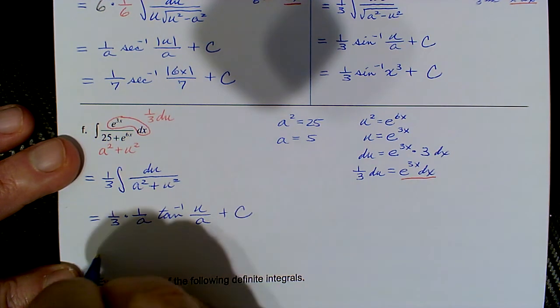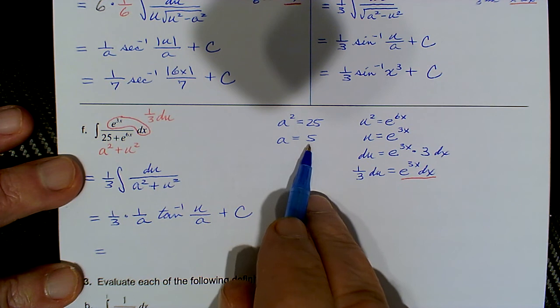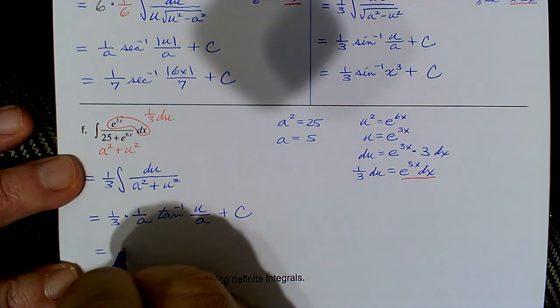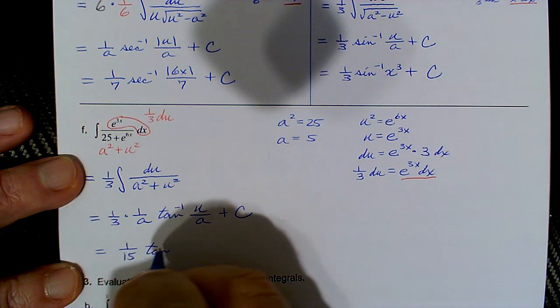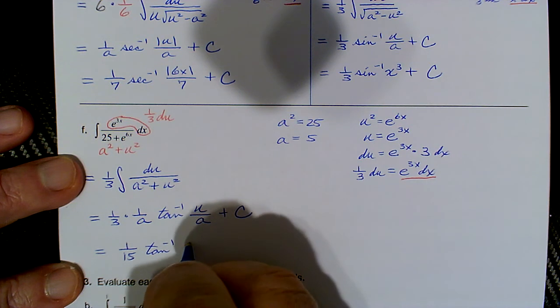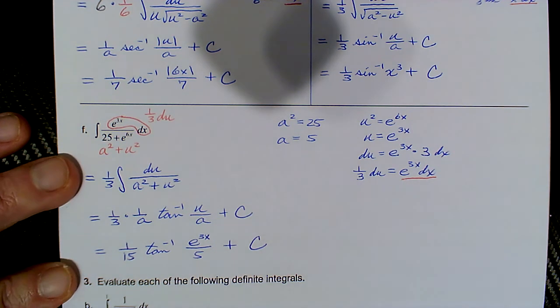Add our constant at that point. And now we'll back substitute. A was 5, so 1/3 times 1/5, 1/15th. And then the inverse tangent of u, which was e to the 3x, over a, which is 5. And then plus our constant.